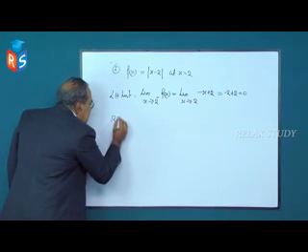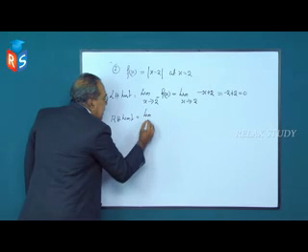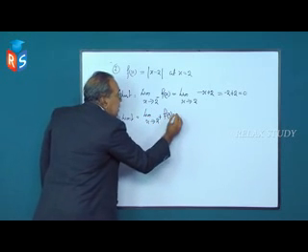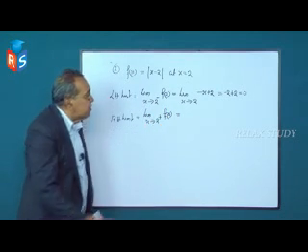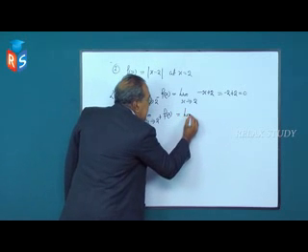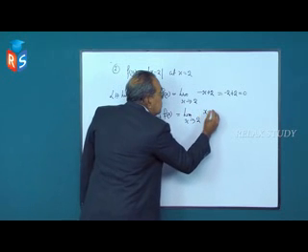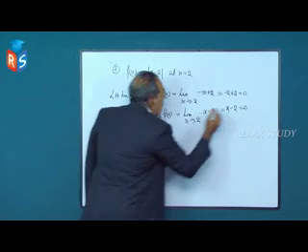Similarly, the right hand side limit is equal to the limit as x tends to 2 plus of f(x), which is equal to the limit as x tends to 2 of x minus 2, is equal to 2 minus 2 is equal to 0.